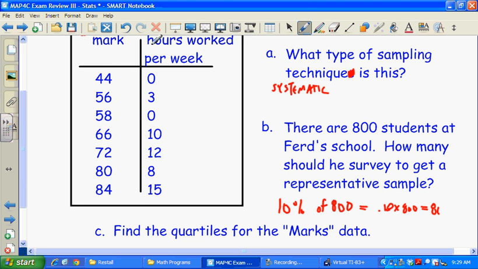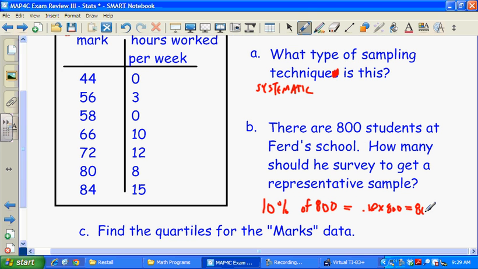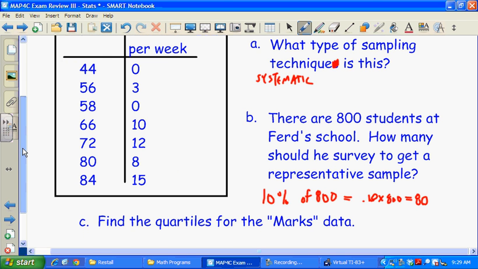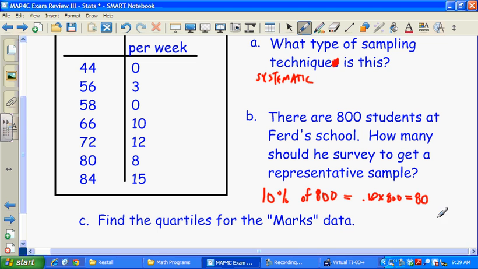And so again, the fact that for a representative sample we should have 10%, that could go on your cheat sheet if you wanted to. You couldn't write down these examples, but you could write down that fact: representative sample, 10% of the population. And notice, he should have surveyed 80, and good old FERD, he surveyed 7 people.